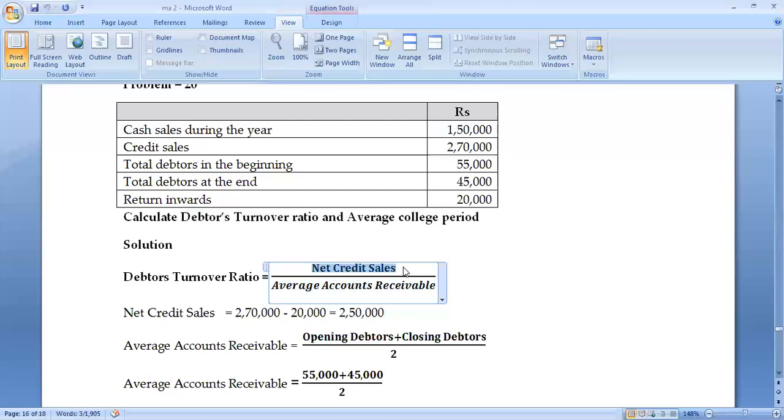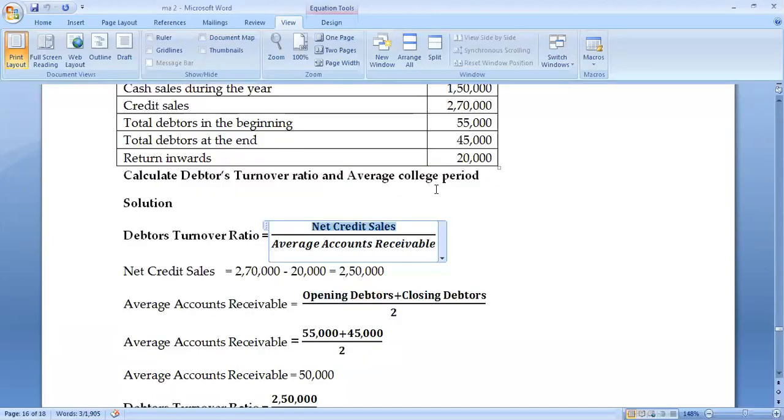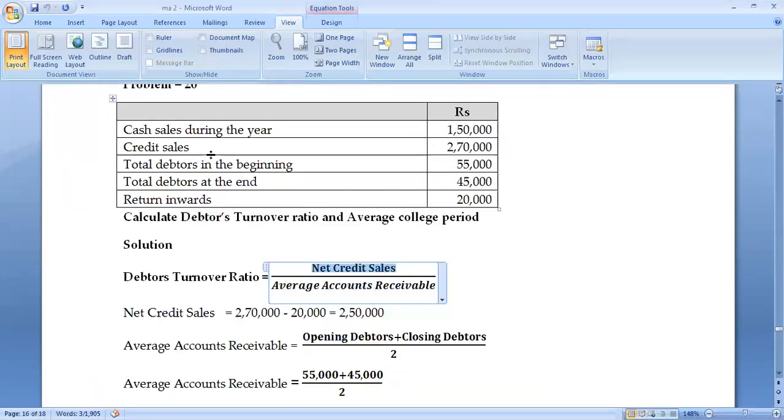You need to find out the credit sales, not the cash sales. See in the question, the cash sales during the year. We don't require the cash information, so ignore this information. Credit sales is given as 2,70,000.